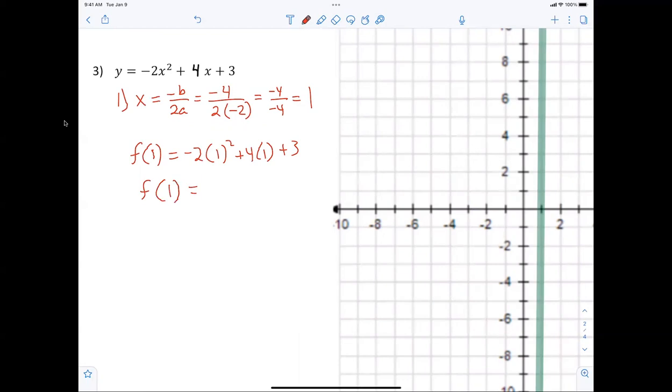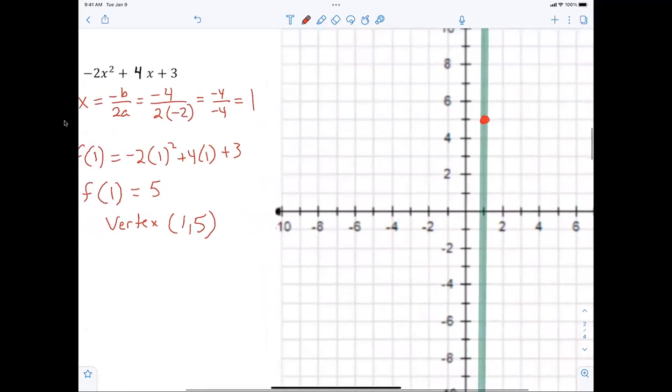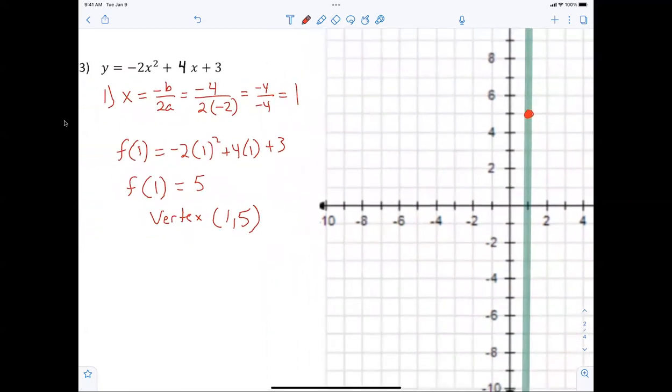Times -2 plus 4 plus 3. 5, right? f of 1 is 5. So the vertex is (1, 5). Everybody goes to (1, 5) and plots the point.